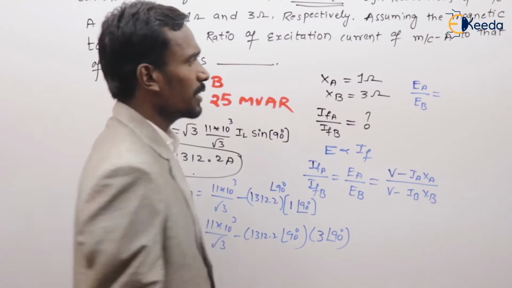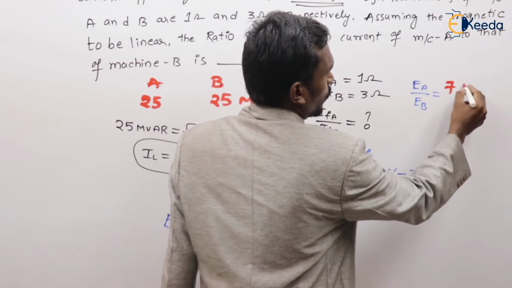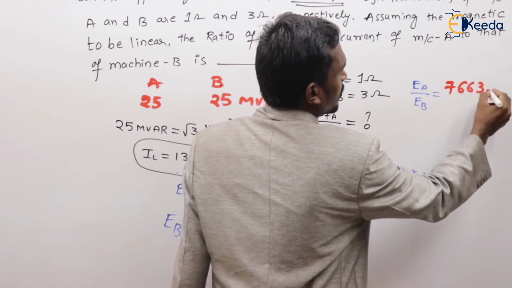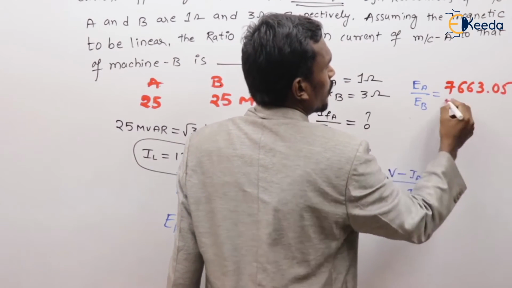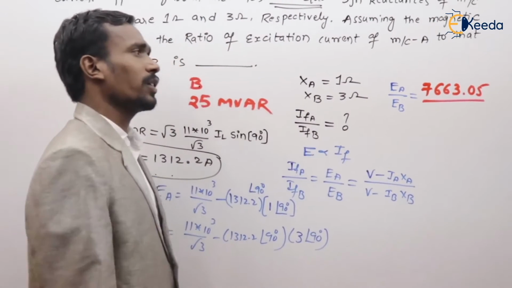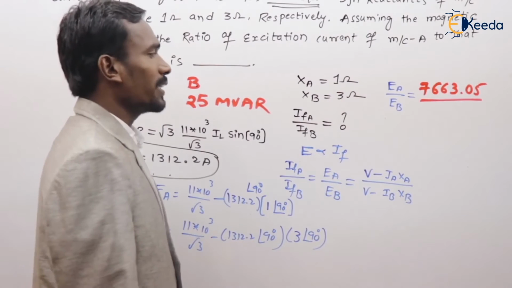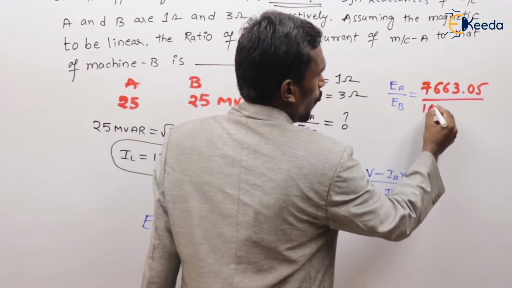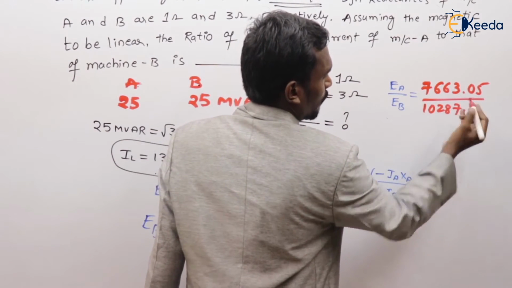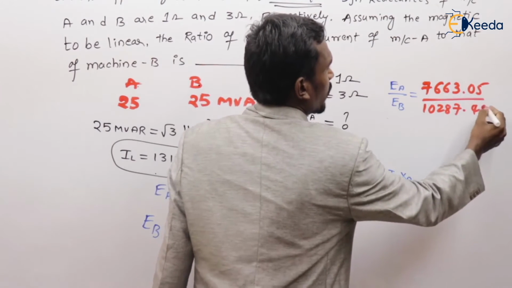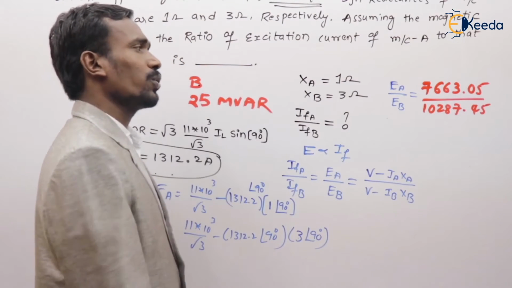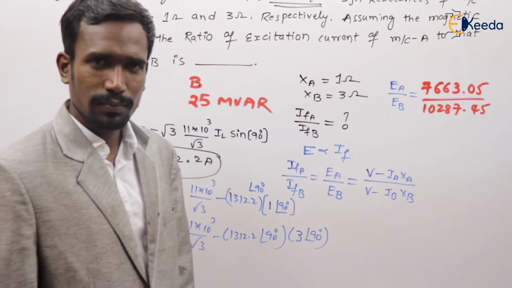you can get EA equal to 7663.05 and EB equal to 10287.45.